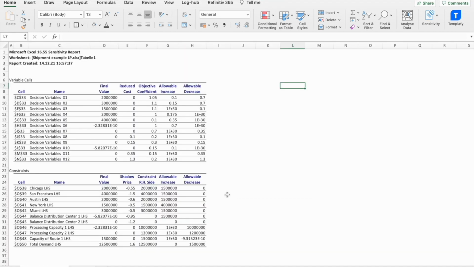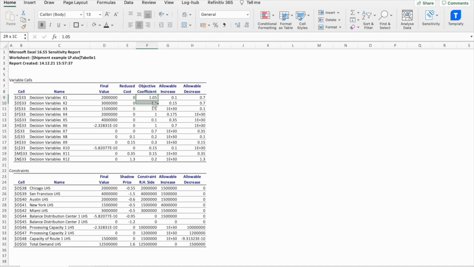The sensitivity report details how changes in our coefficients of the objective function and in the right-hand side demands affect the solution. As portrayed here, there exist two aspects, one of which are the variable cells and the second being the constraints chosen. The sensitivity report on the variable cells shows the ranges of optimality, creating a range of values which the objective coefficients can take on without changing the optimal solution.